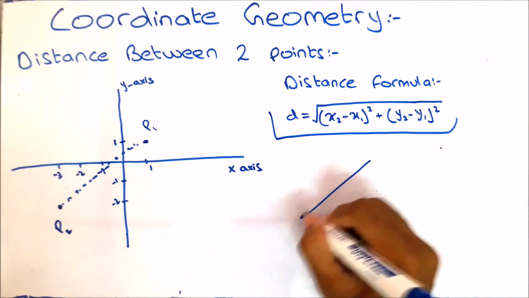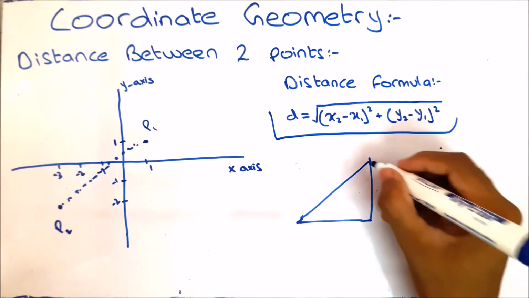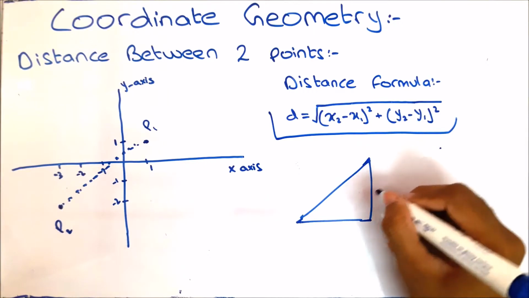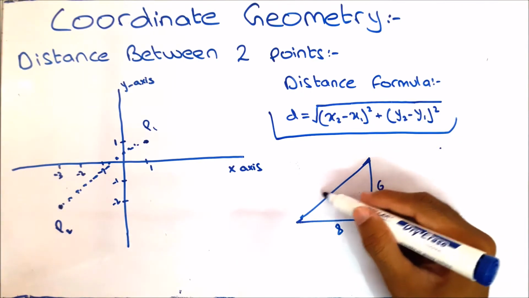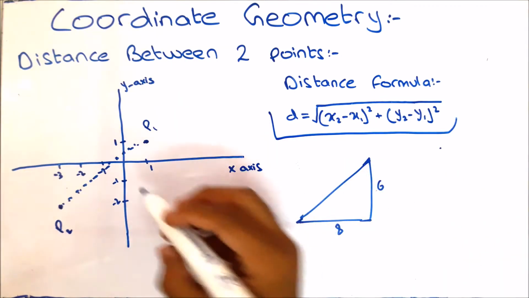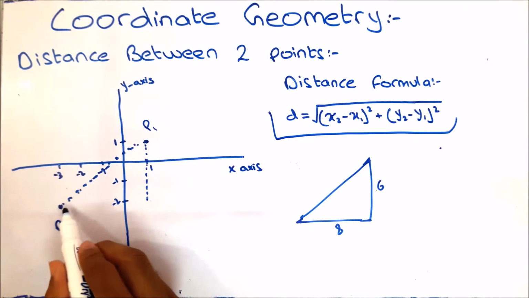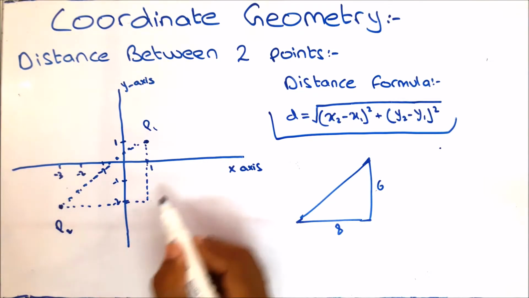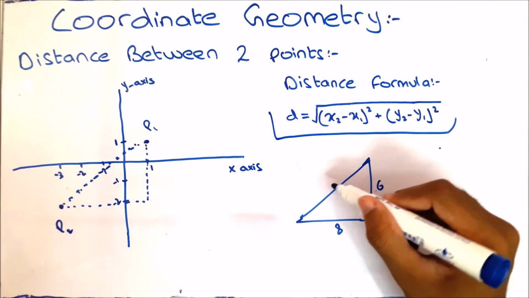Okay, suppose we have a right angle triangle. Suppose it has sides 6, 8, and we have to find this distance. This may seem familiar and can correspond to this triangle. We are here finding the hypotenuse, and here as well we are finding the hypotenuse.